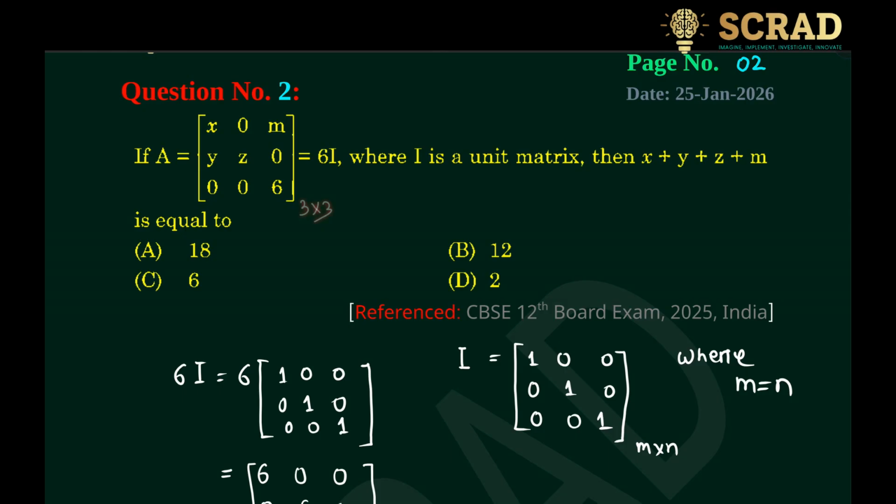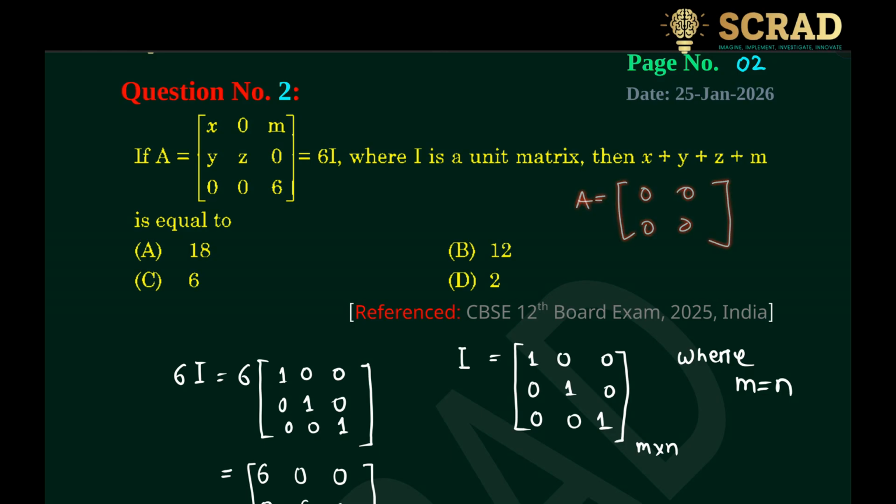So whenever we equate one matrix with another matrix, when can we say that two matrices are equal? Suppose I have a matrix A with elements.